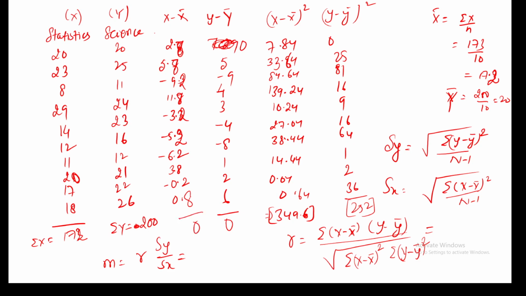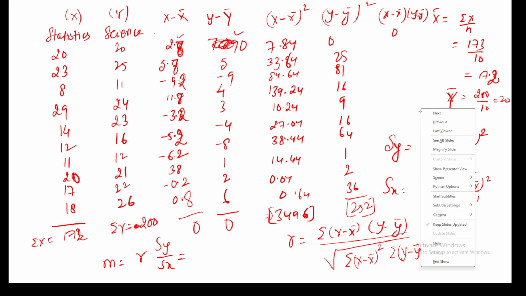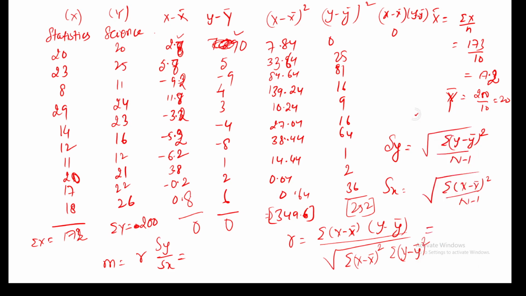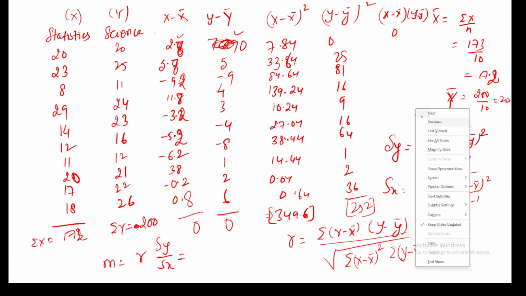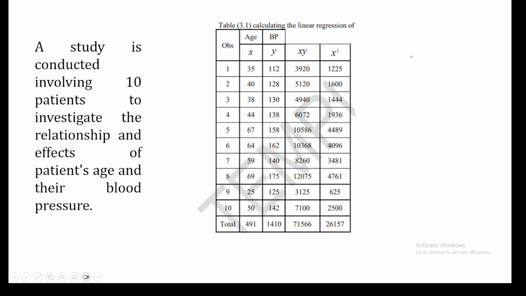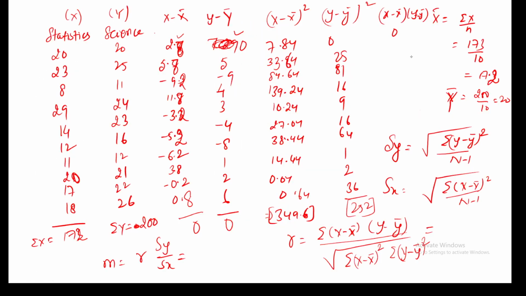And we have to take one more column, x minus x bar, y minus y bar, then we have to multiply this and this. It got very messy here. Can anyone say the final answer for this?